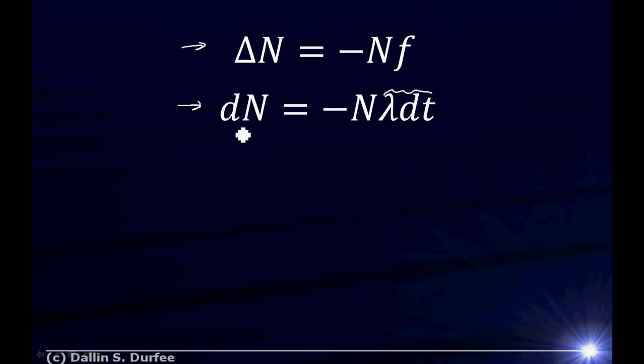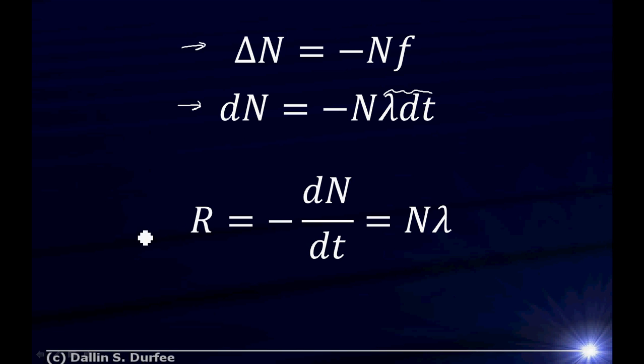The rate is the number of decays per unit time, but dn is going to be negative. If I have one decay, that means the number of nuclei went down by one, so I need a minus sign in front. So the rate at which radioactive decays occur is negative dn over dt, which, solving this equation right here and dividing by dt, leaves me with n times lambda.